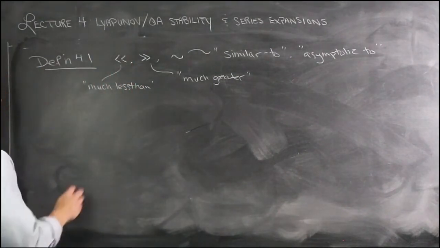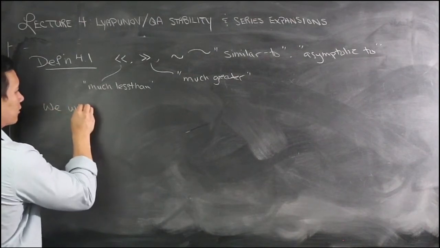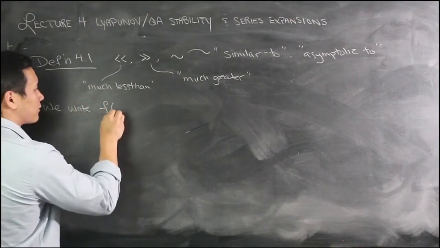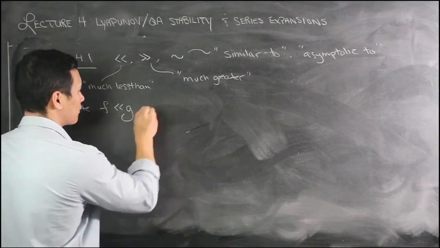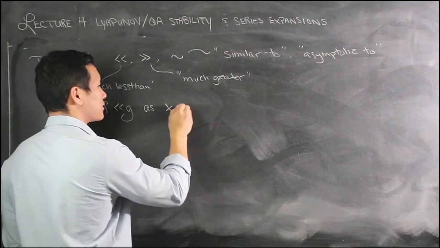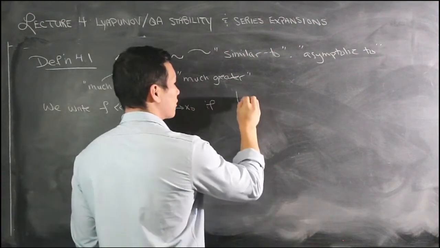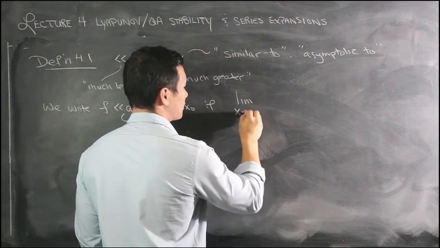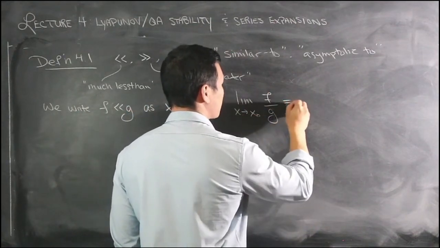Okay, so the definition is as follows. We write f of x, let's just write f, is much less than g as x tends to x naught if the limit as x tends to x naught of f over g is equal to 0.